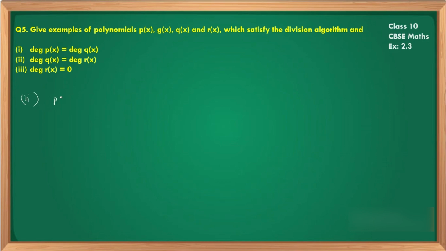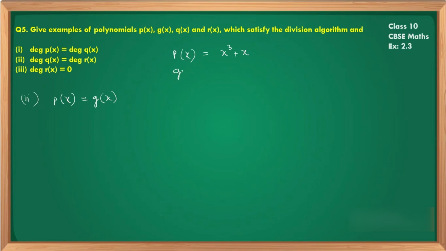Now I take one example. Px should be equal to gx. This is how you should start. Only then you get the answer. Now I take some example. Say px equal to x cube plus x.